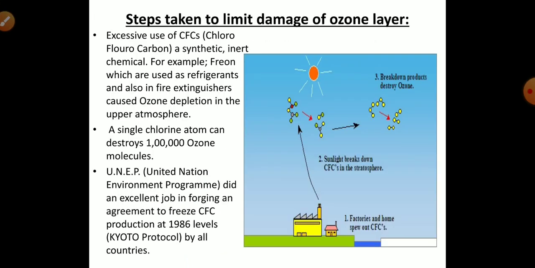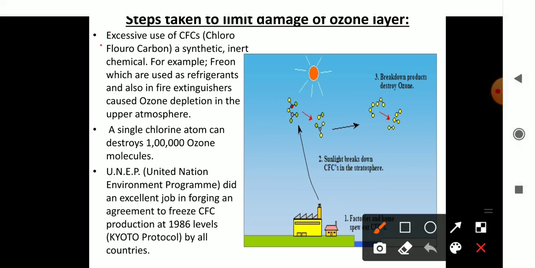When the reason was investigated, it was found to be the excessive use of chlorine and bromine containing compounds. One such compound which causes ozone depletion is CFC, chlorofluorocarbon, which was earlier used as a coolant, in refrigerators, aerosols, and fire extinguishers.